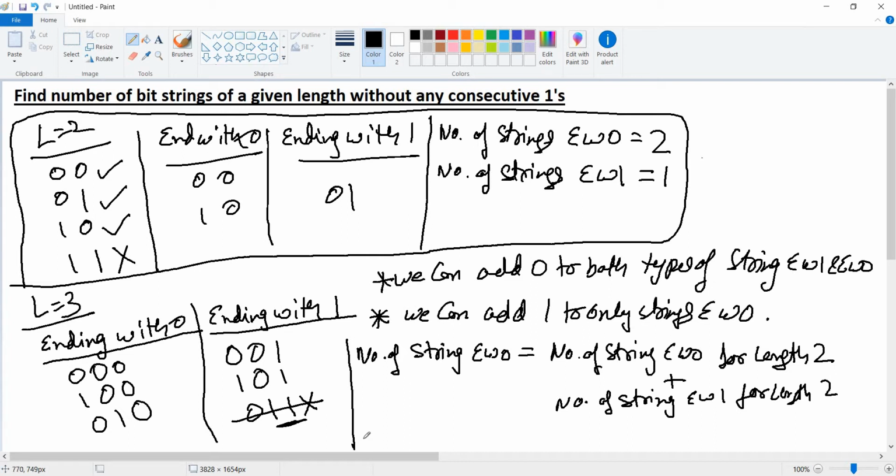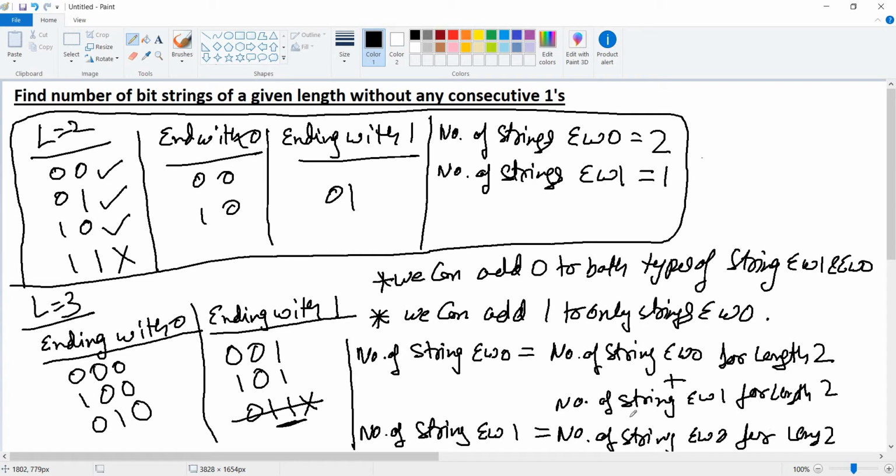After that we have the number of strings ending with 1 again for length equals to 3. So this is simply equals to the number of strings ending with 0 for length 2. We have just formulated these 2 points in terms of formula.